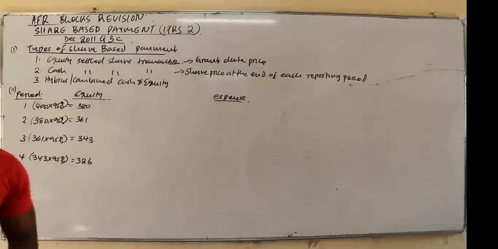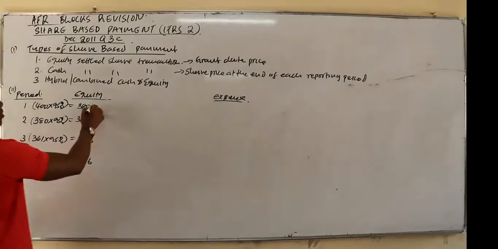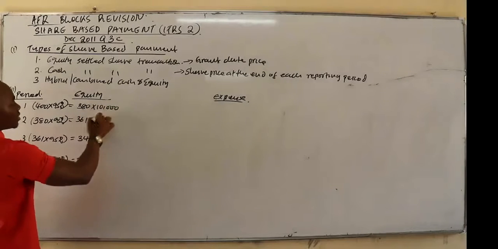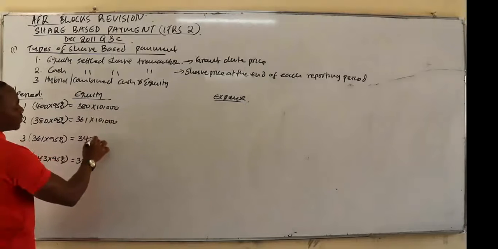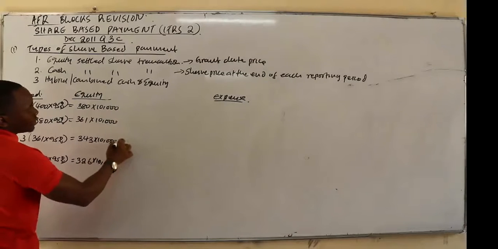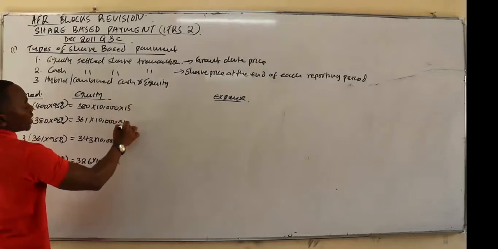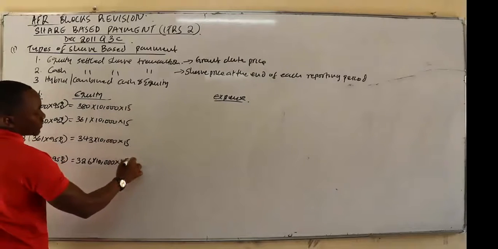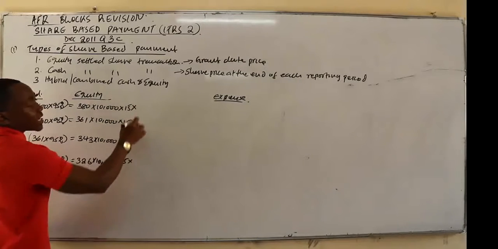Then once you get the number of employees, each employee was granted 10,000 shares. Then each share was valued at a grant date price of 15, and then you amortize it over the next 4 years.